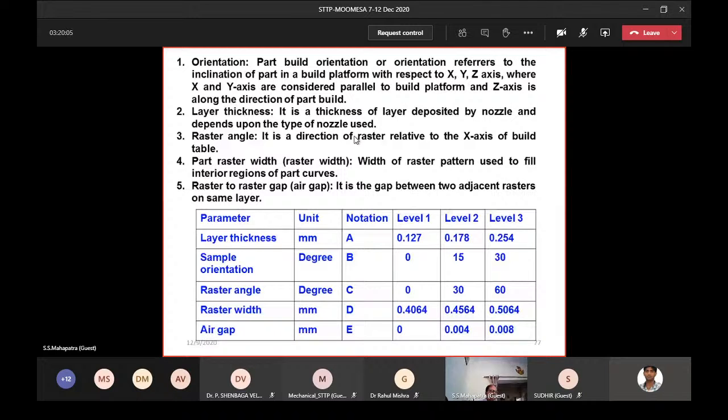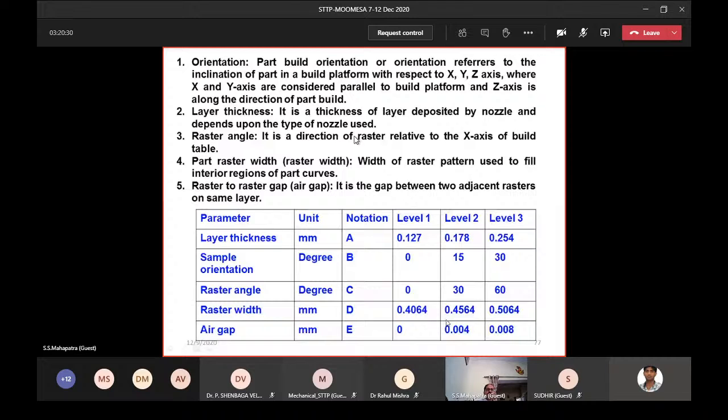Then the raster width of each filament that is coming out from the nozzle, at three levels: 0.4064, 0.4564, 0.5064. Then the air gap, which is the distance between two rasters. Air gap can be 0, 0.004 or 0.008.